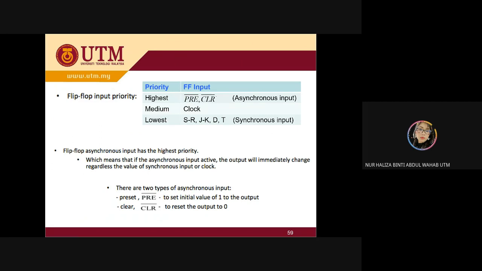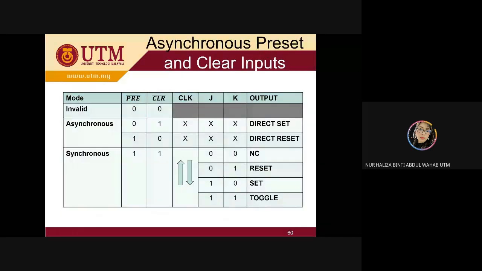So first thing, you need to consider pre and clear. Second, your clock, of course, when you have 1, 1. When you have 1, 1 for pre and clear, you're going to consider your clock first. After your clock at every positive or negative edge, you're going to look into your input value. So you can see this table basically is similar to what I explained just now.